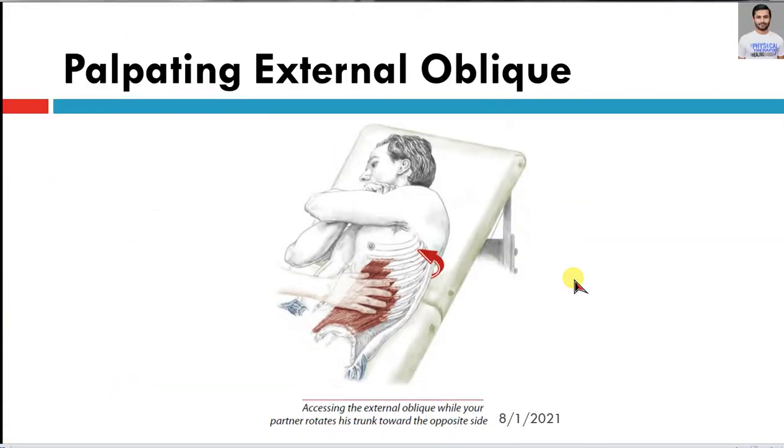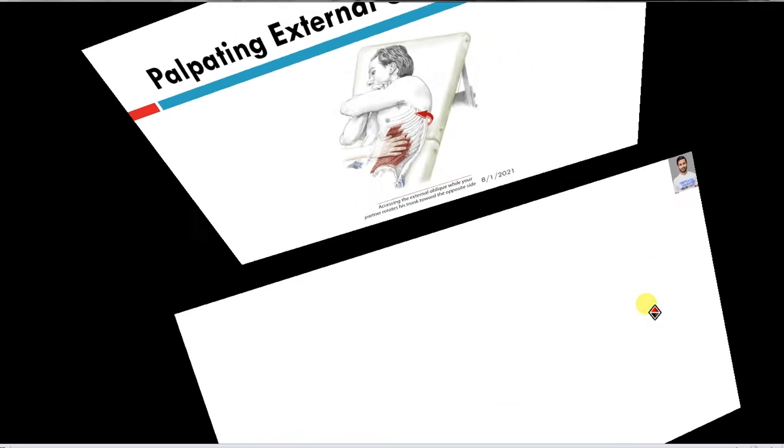If you want to palpate the external oblique, you ask your partner to rotate the trunk towards the opposite side. For example, to palpate the left external oblique, you ask them to perform right rotation. There is an exercise called the Russian twist, so it is very similar to the Russian twist onto the opposite side. So you can feel the tensing external oblique fibers.